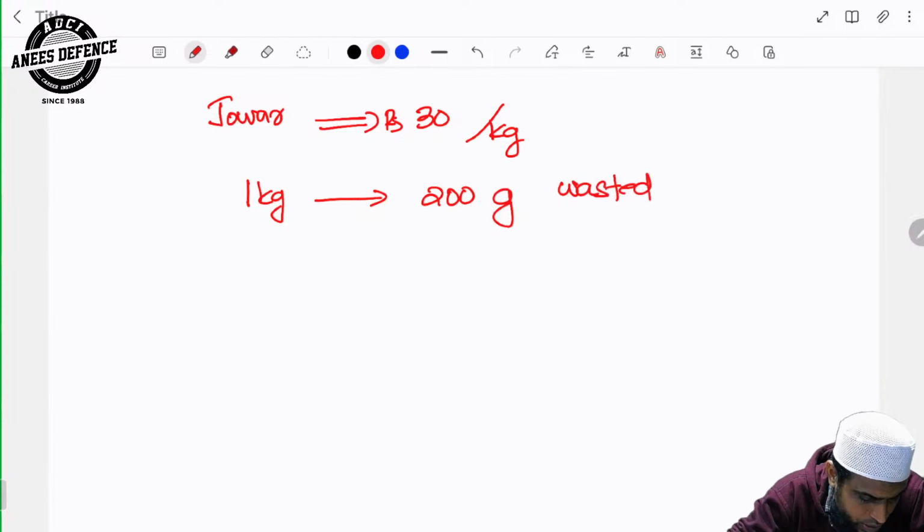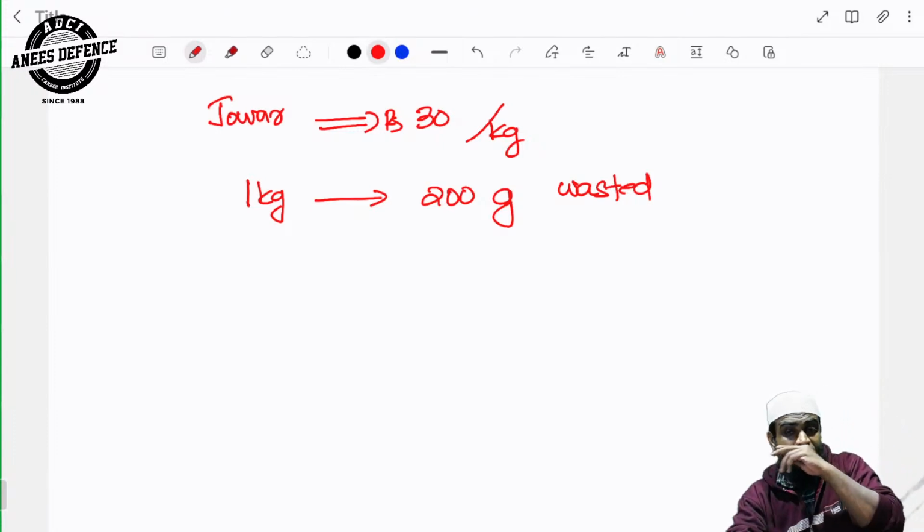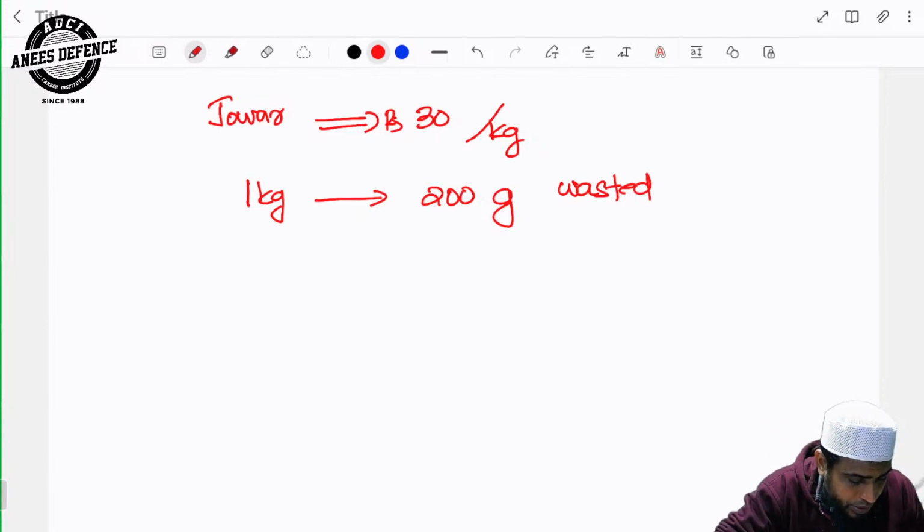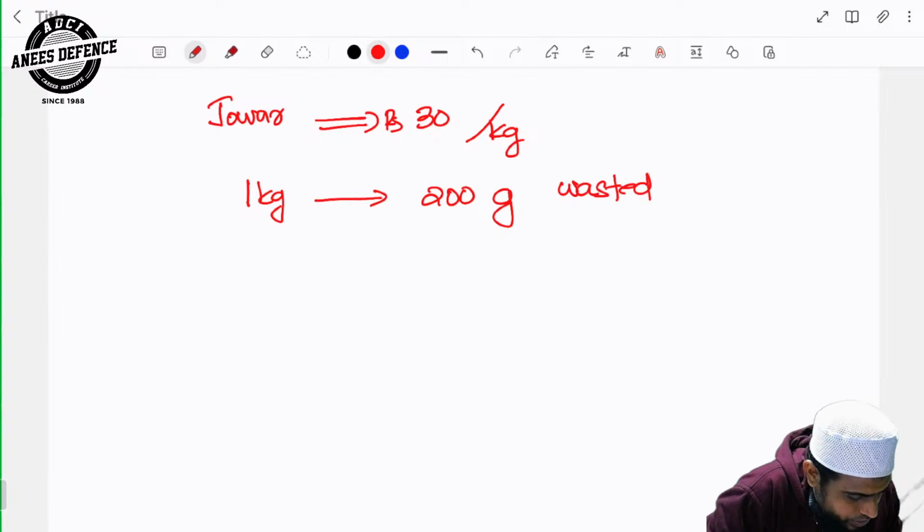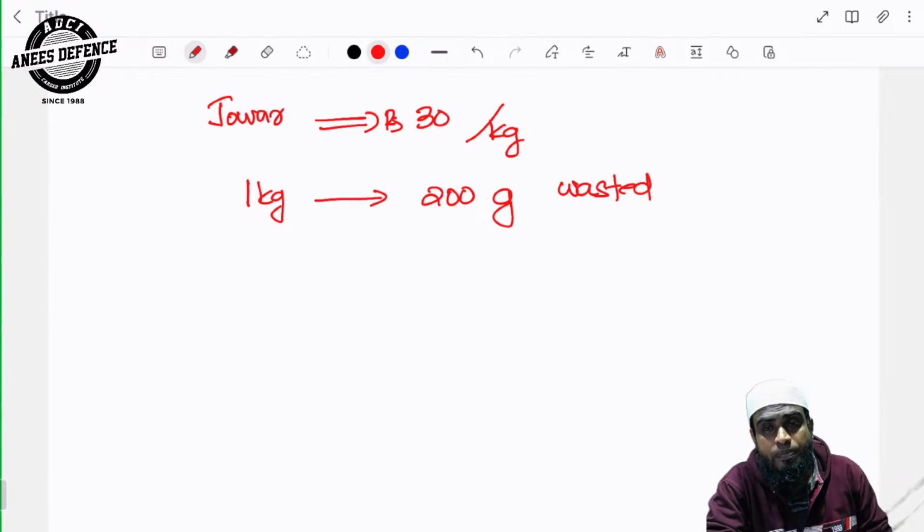He plans to sell the remaining grain so that he makes 40% overall profit. In 1 kilo, he will get a wastage of 20% of the grain. So by selling the remaining, he should get an overall 40% profit.